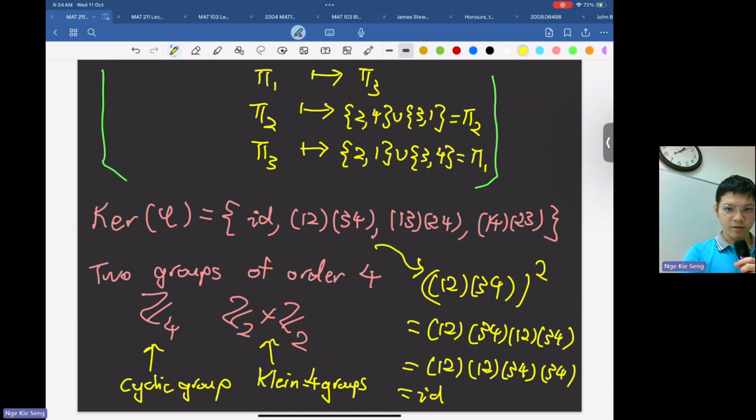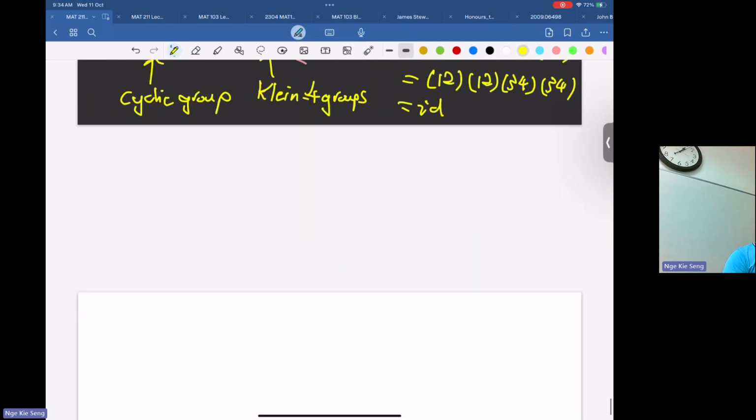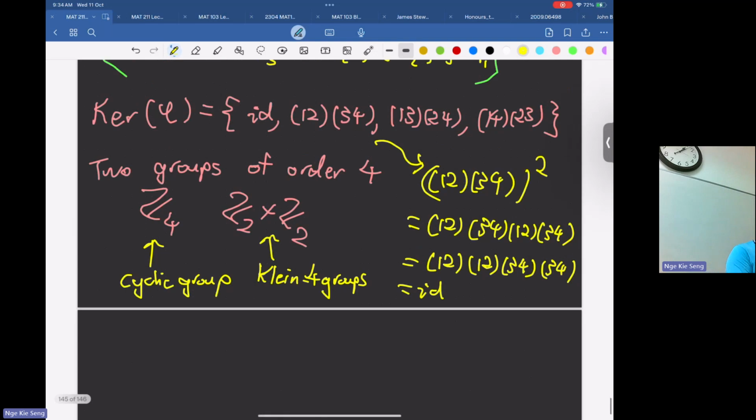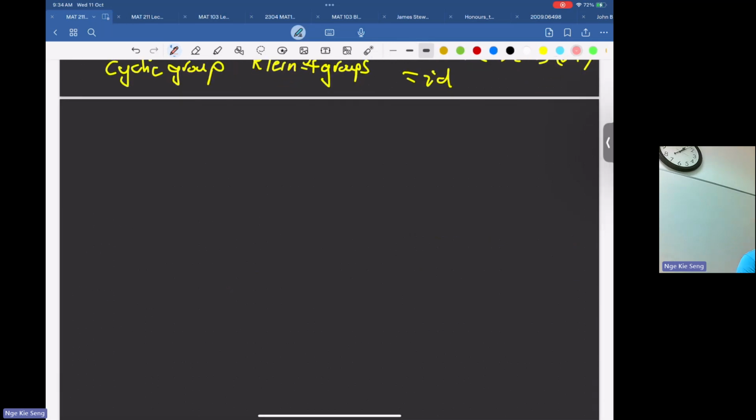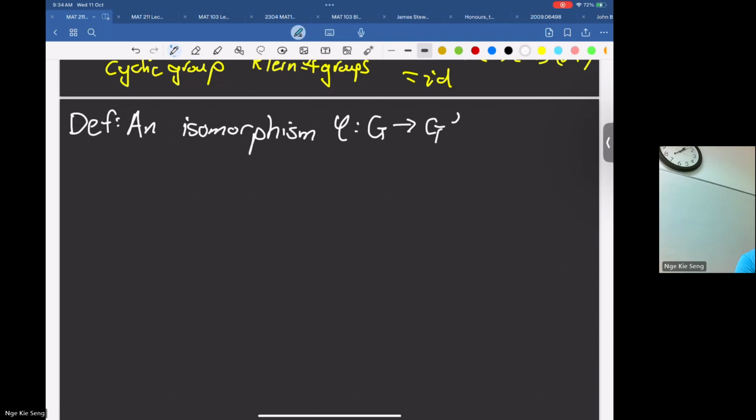Next, how do we say two groups are the same? How do we consider whether two groups are the same or different? There comes this definition here, which will help you do the assignment question. An isomorphism from G to G prime is a bijective group homomorphism.